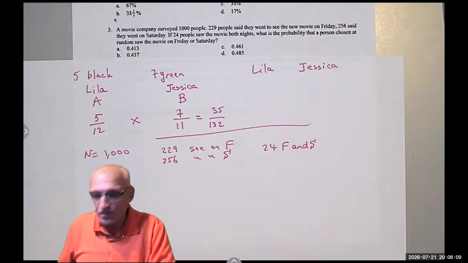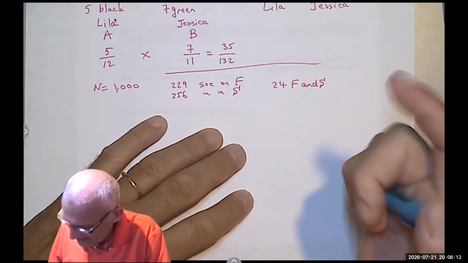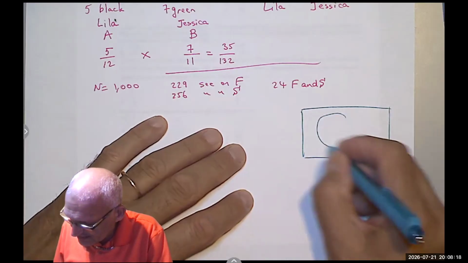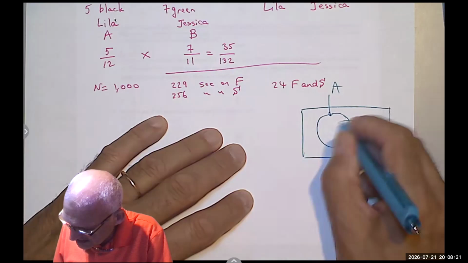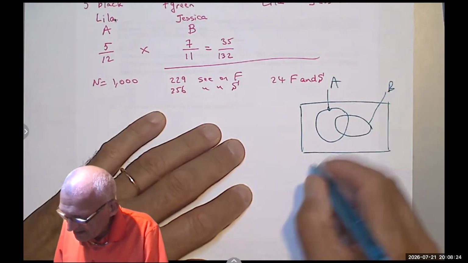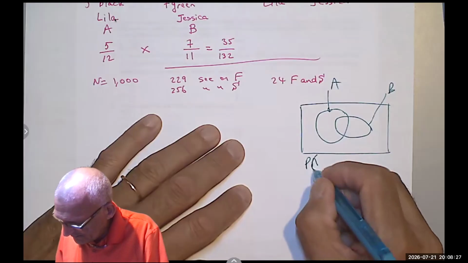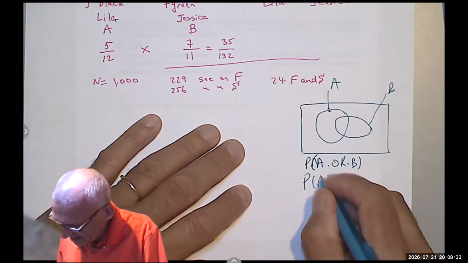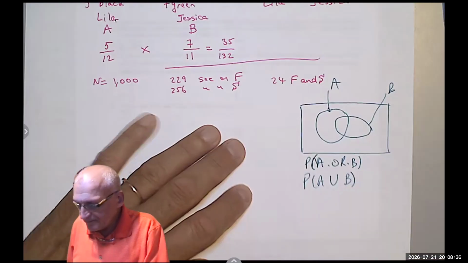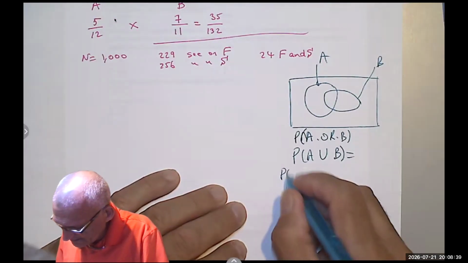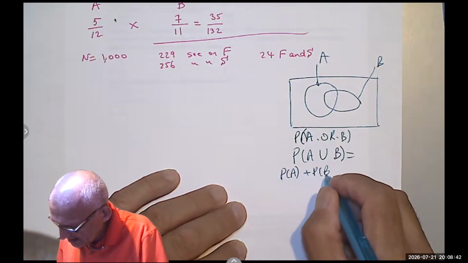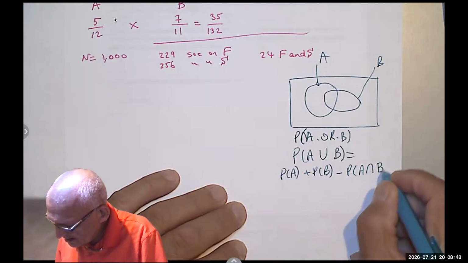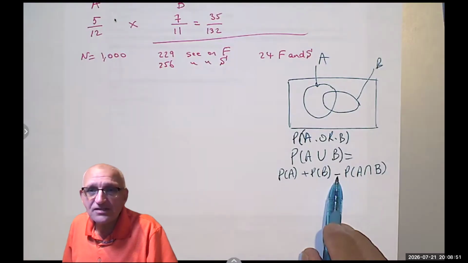What confuses some students is that if I have a sample space and then two events, this is A and this is B, and we say the probability of A or B, we say it's the probability of A plus the probability of B minus the probability of A and B. And they say, no, we are subtracting, so it's exclusive.